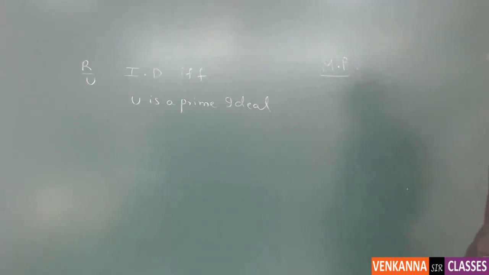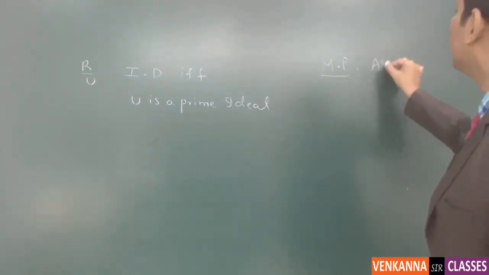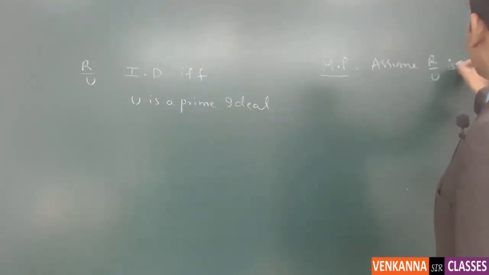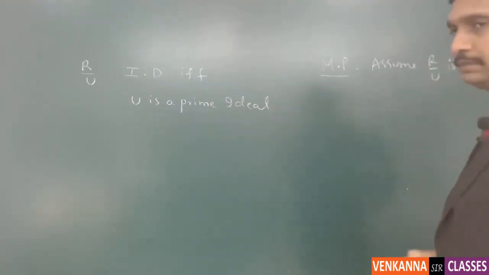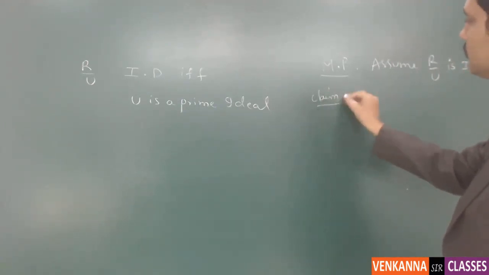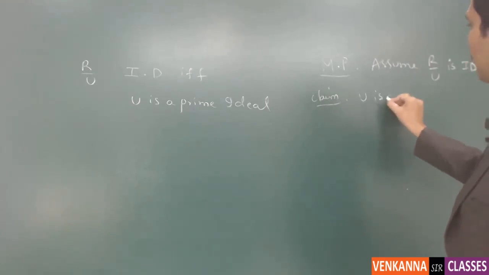In this, what do we have to assume? We have to assume that R by U is an integral domain. So our claim is that U is a prime ideal.